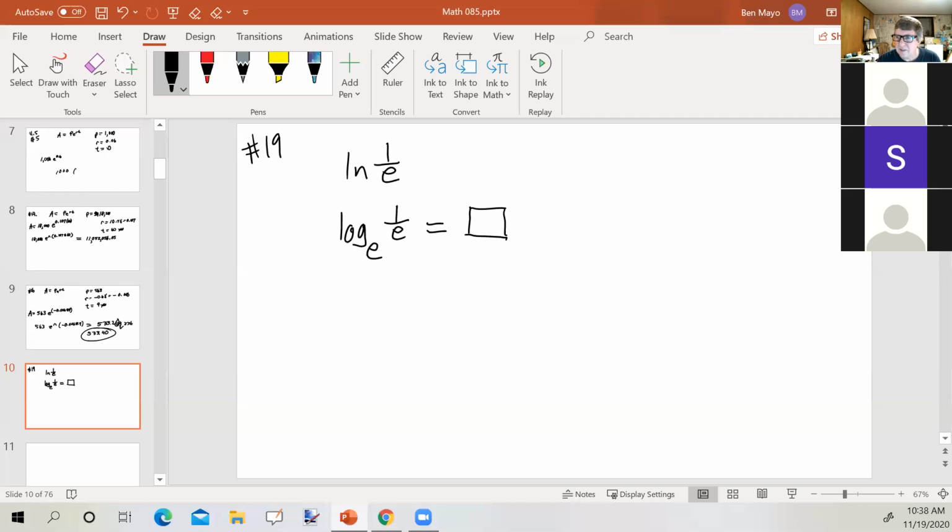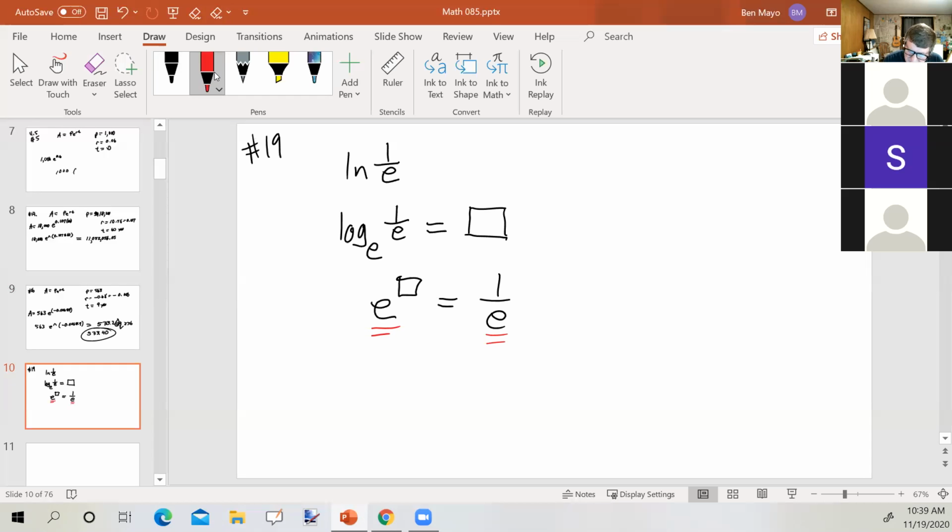If I take this logarithmic equation and put it in exponential form, it would look like this: e to the box equals 1 over e. If I could get this equation so that the bases were the same on both sides, then the exponents would be the same.